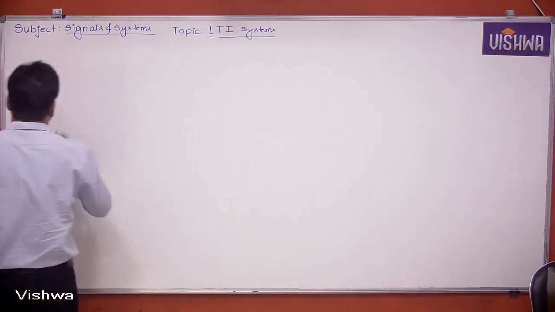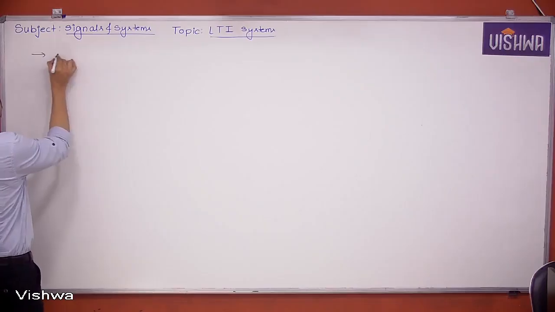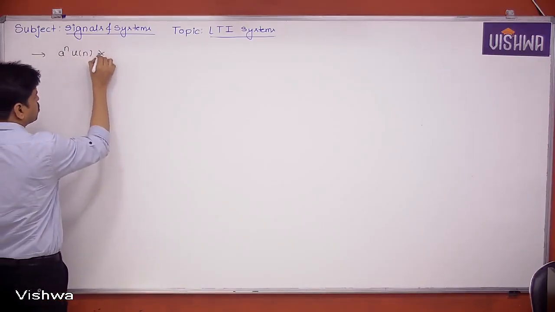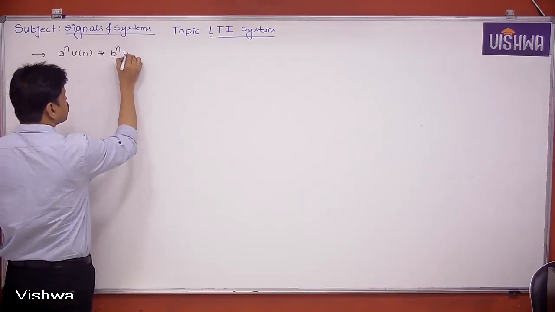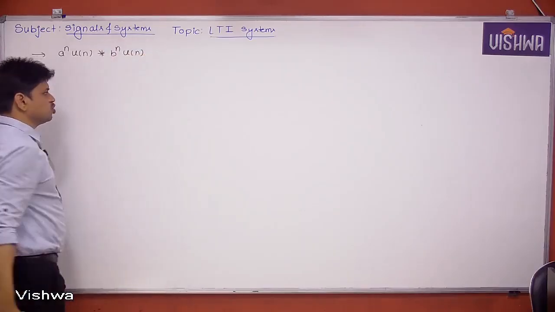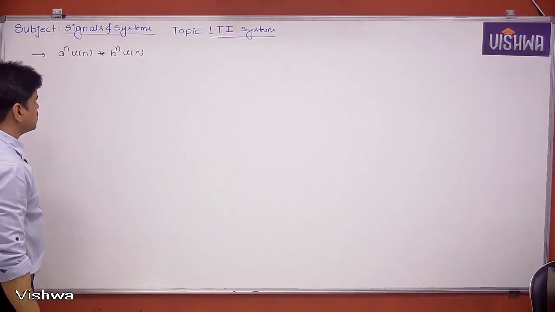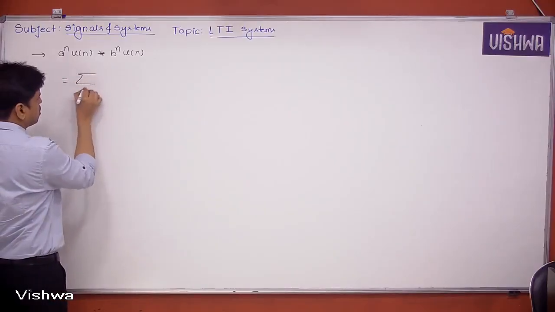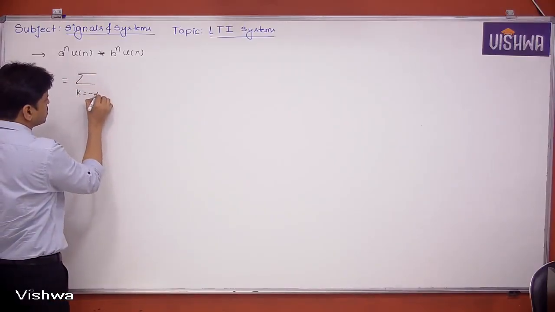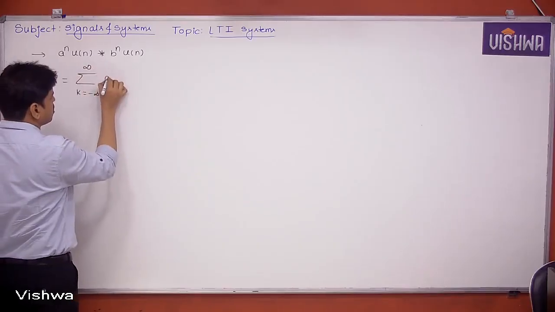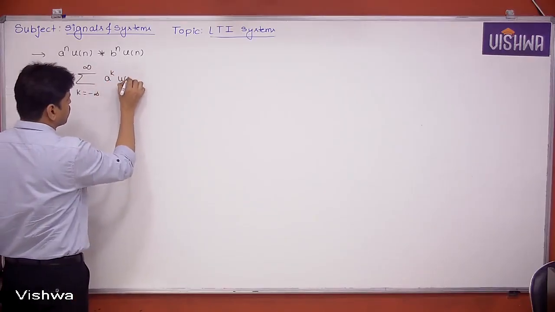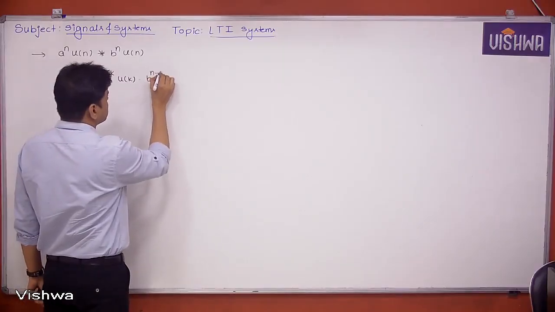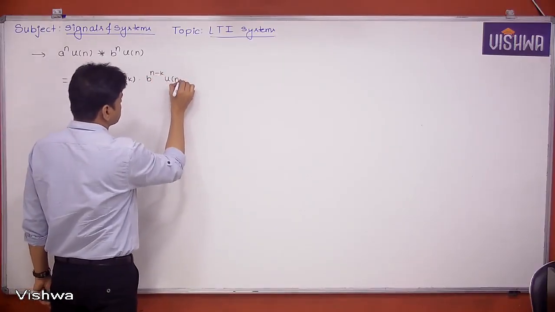Let's say a power n u of n convolution with b power n u of n. What is it going to be? Okay, so let's see. I can write summation k equals minus infinity to infinity a power k u of k into b power (n minus k) u of n minus k.